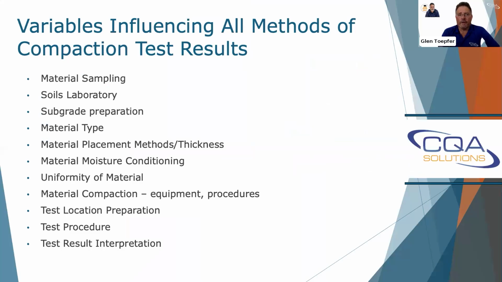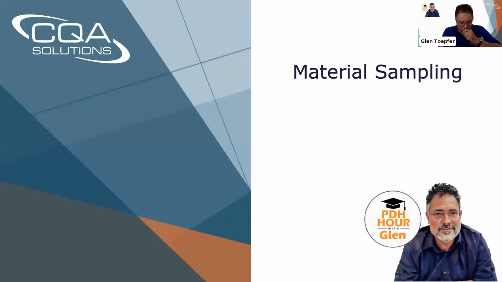Your material sampling, how you sample it, soils laboratories, subgrade preparation, your material type, material placement, methods, thickness, material moisture conditioning, the uniformity of the material, compaction, not just the equipment, but the procedures, your test location preparation we talked about for the gauges, your test procedure is important, and then interpretation. You think it's pretty easy, but again, it's not. So we'll start with material sampling here.